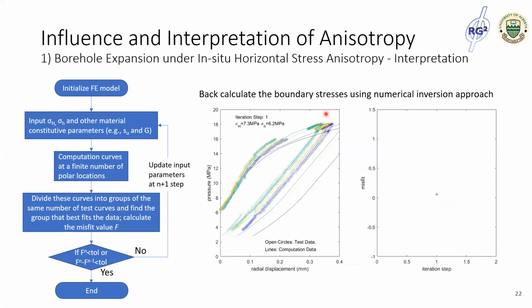And now, how can we apply this modeling approach to the in-situ stress determination with the field data? This can be done in an inversion process. Basically, what we did is to try different values of the maximum horizontal stress and the minimum horizontal stress in the model, and iterate this simulation again and again until the misfit between the computational curve and the test data is minimized.